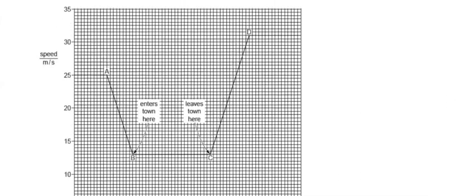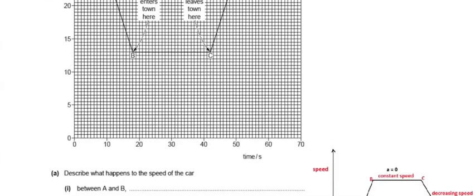So at point A, the journey started. You can see the speed is decreasing, and at point B it enters the town, and from point B to C, the speed is constant. And from point C, it leaves the town, and again you can see the speed is increasing till point D. So this is the graph.